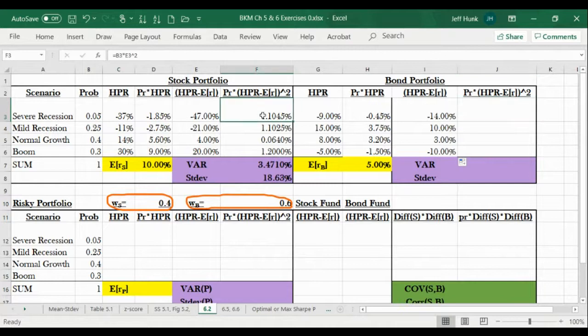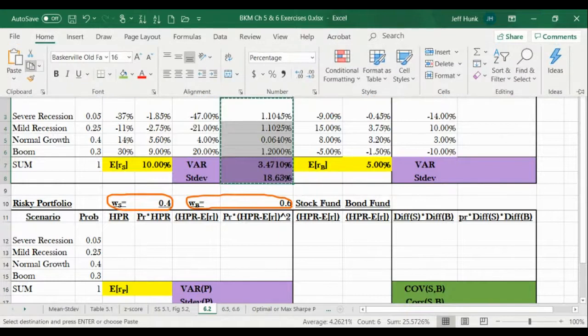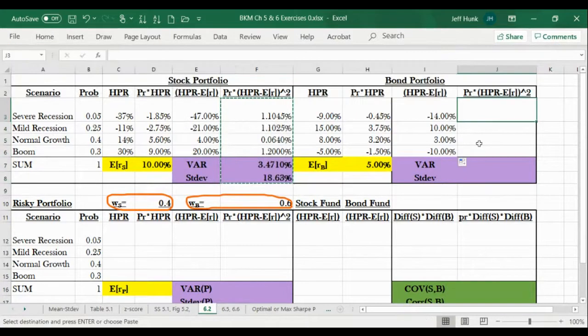I was going to copy and paste the whole thing because it's the same repetitive process, but I better not do that, because then it's going to be pointing to the wrong probability.